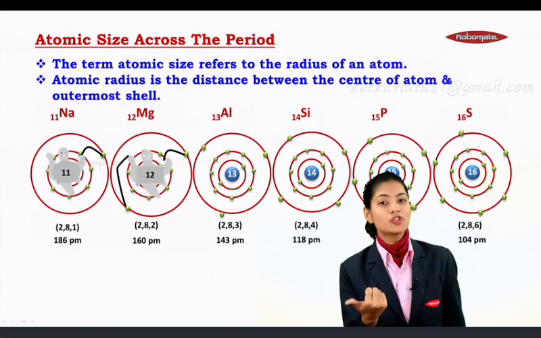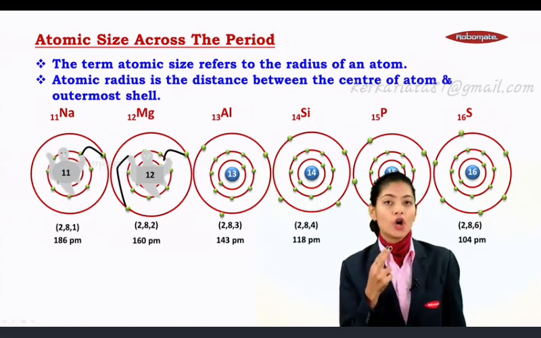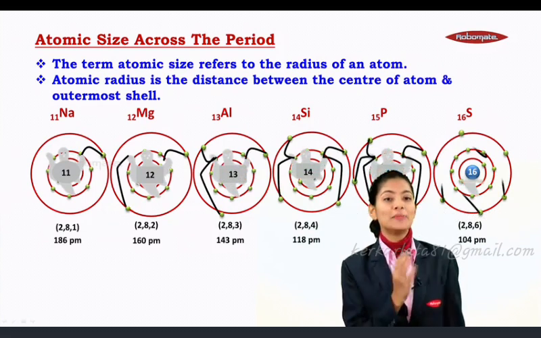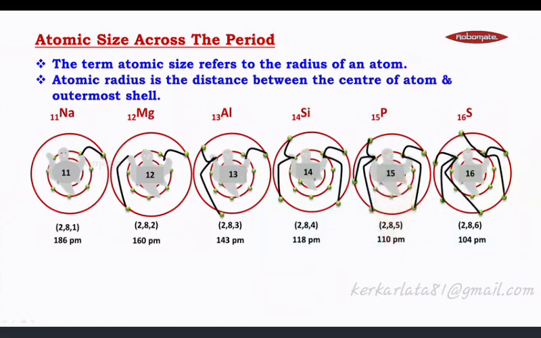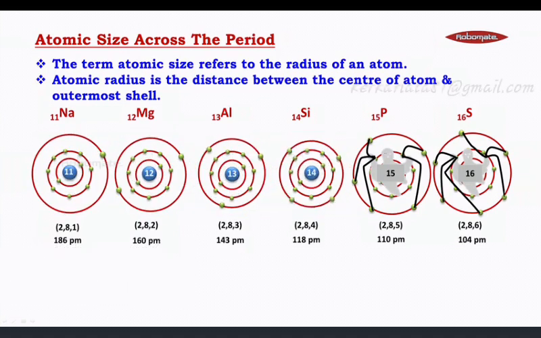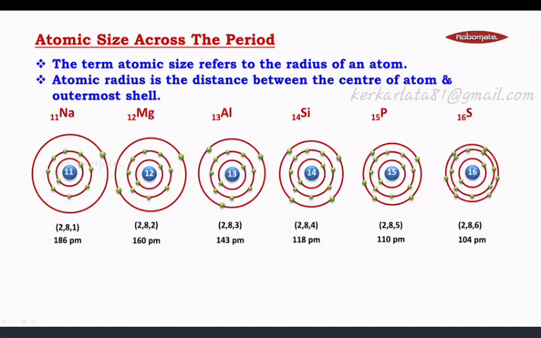So, the more the protons, the more the electrons, the more will be the force of attraction, which is true for all the elements belonging to this period. But as we can see, from left to right, atomic number increases, proton number increases, electron number increases, so the pull also will go on increasing. And as the pull goes on increasing, the size eventually and slowly goes on decreasing.